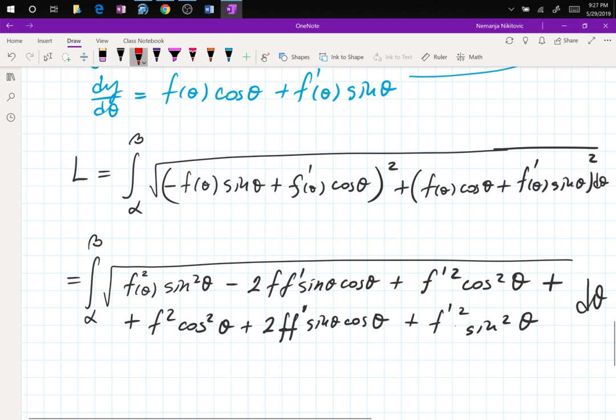There we go. So these terms in the middle die.